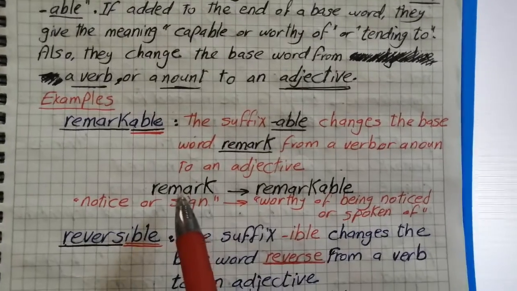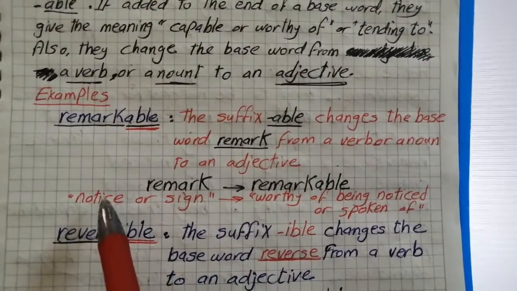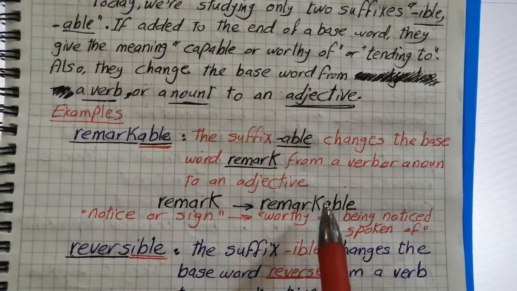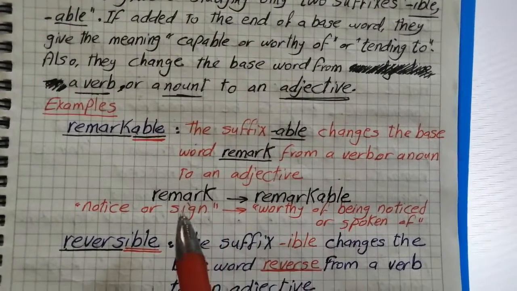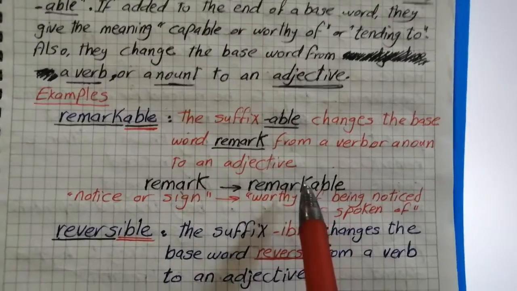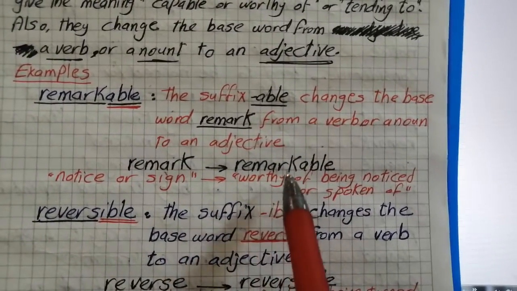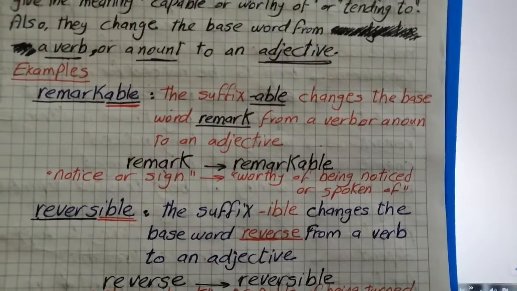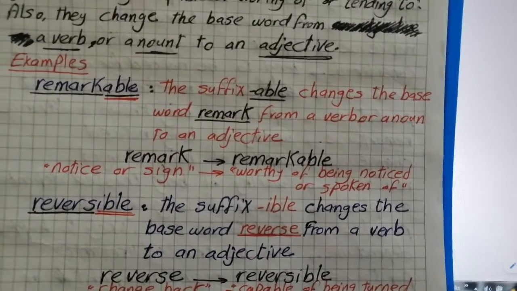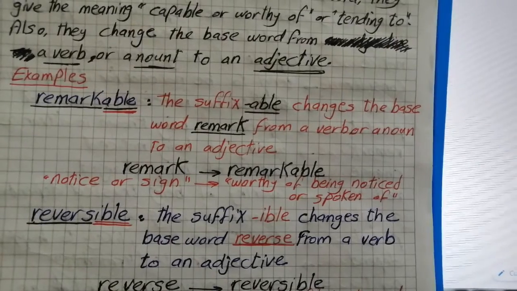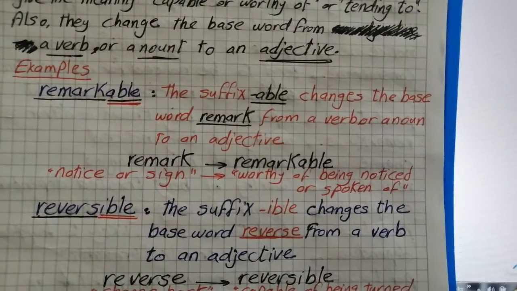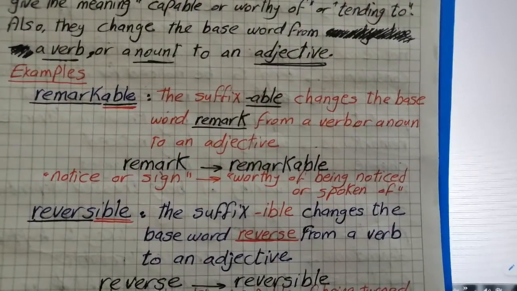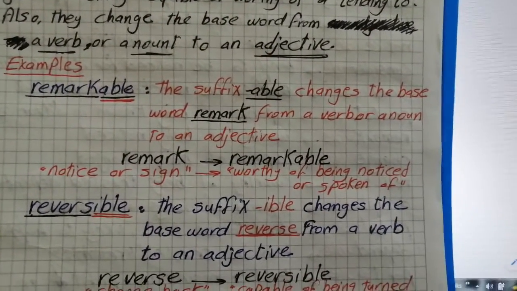As you see, remark, as a verb, means notice, or as a noun means a sign. When adding the suffix ABLE, it changes from a verb or a noun into an adjective, which means worthy of being noticed or spoken of. Just like when I say the boss talked about a remarkable plan in our meeting today, or I have met a remarkable superstar in the street today.